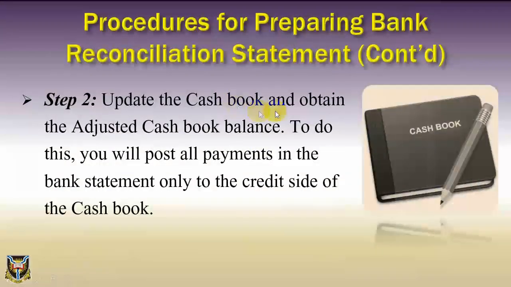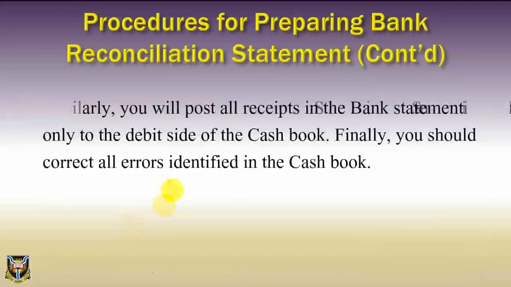Update the cash book and obtain the adjusted cash book balance. To do this, you will post all payments in the bank statement only to the credit side of the cash book. Similarly, you will post all receipts in the bank statement only to the debit side of the cash book. Finally, you should correct all errors identified in the cash book.